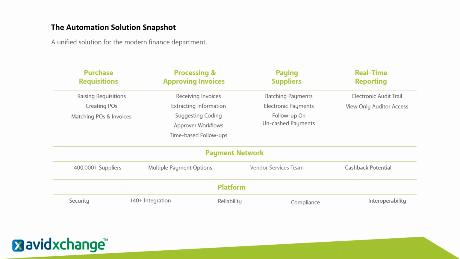Here's a snapshot of the automation. By automating your PO process, you can manage who buys what and when more effectively. By automating your approval process, you can drastically reduce the time it takes to get your approvals back. By eliminating the paper, you gain real-time visibility into the status of your payments.